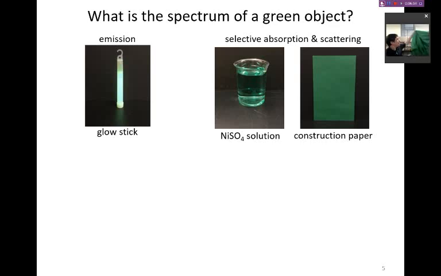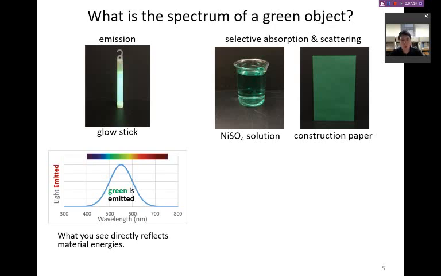Whereas if you take a look at my green cloth from my green screen, it's reflecting, it's scattering certain wavelengths of light. Now, how do you tell what wavelengths of light are being emitted, absorbed, or reflected? That's what you're going to need to determine.